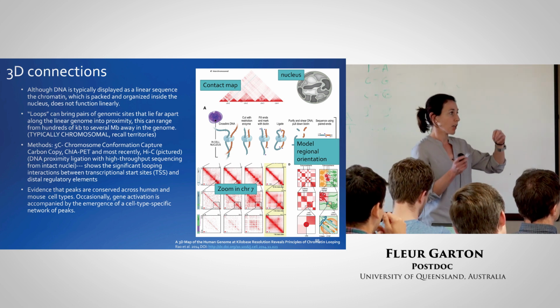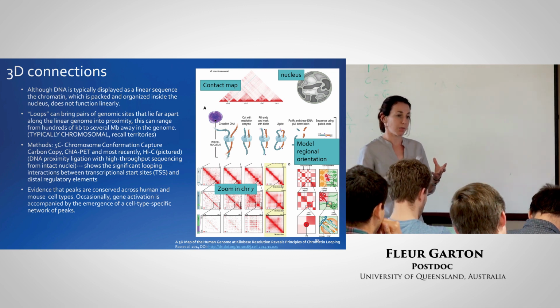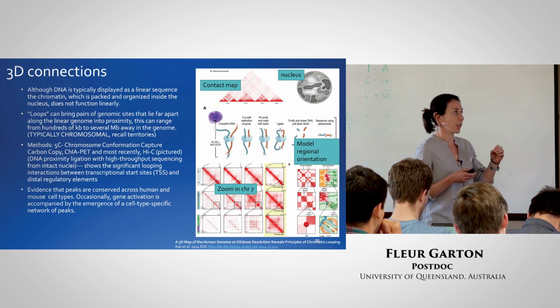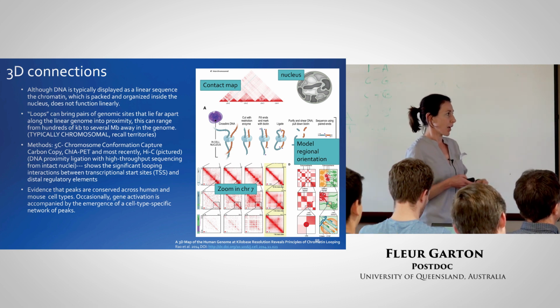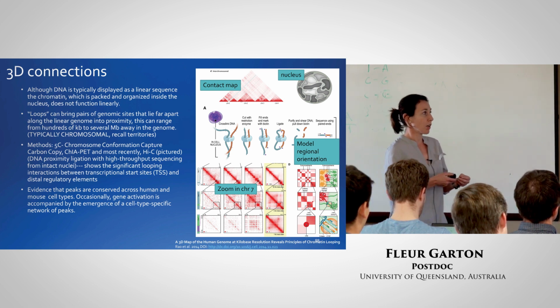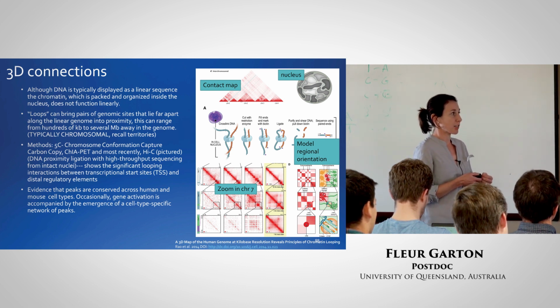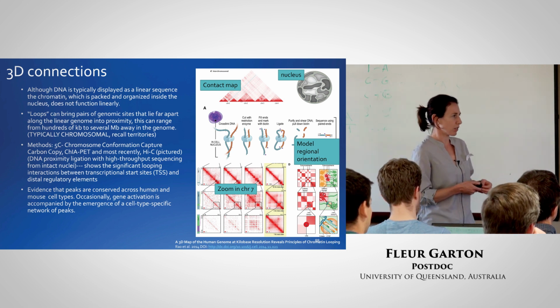This ligates, then they can fragment and sequence, and that gives them a map of how the nuclei was folded. From the contact maps that they've made using this technique, a lot of the contacts are within chromosomes, which is quite interesting.